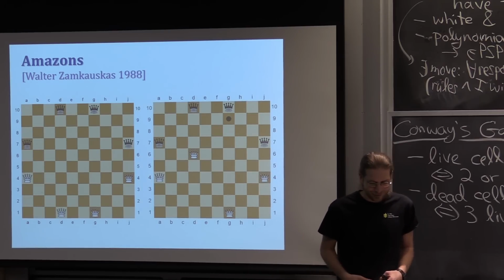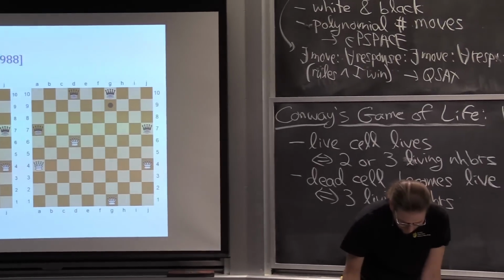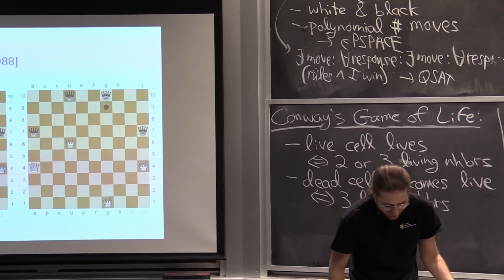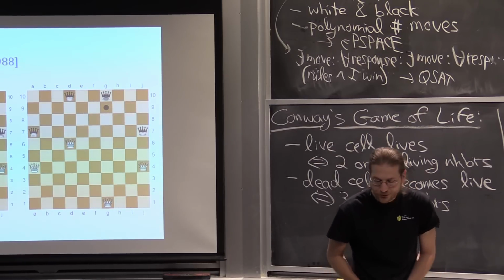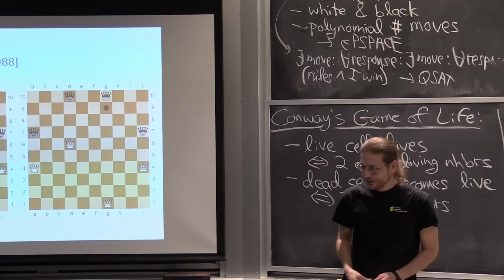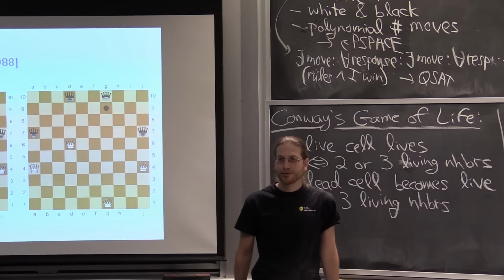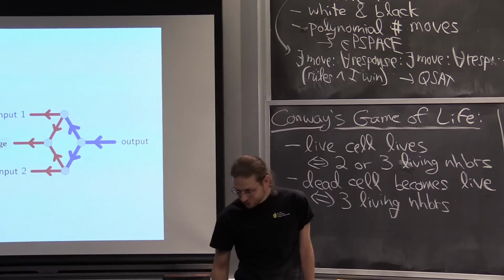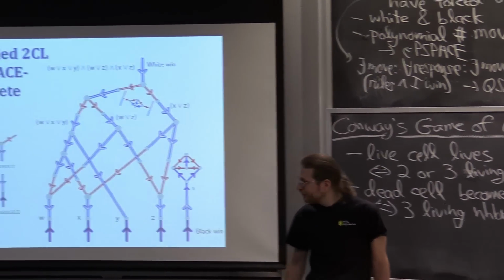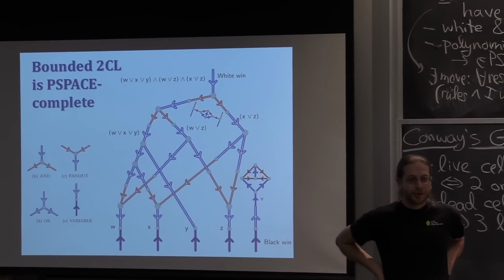It's very fun if you have a chessboard around. And Kanane, which is an ancient, at least 300-year-old game from Hawaii, and Cross Purposes, which is a modern game. These are all three bounded two-player games, and they're all PSPACE-complete by a reduction from bounded two-player constraint logic. Cool.